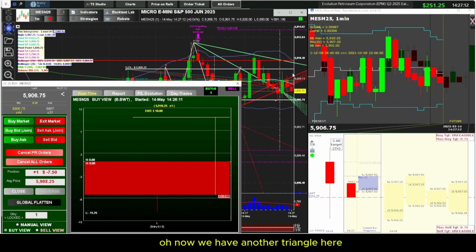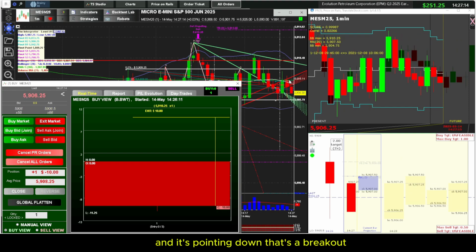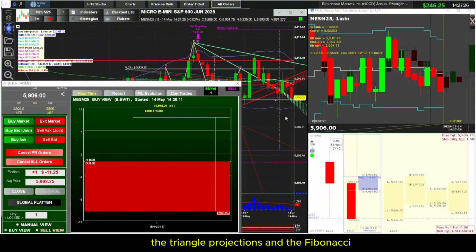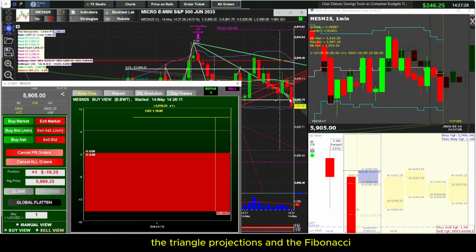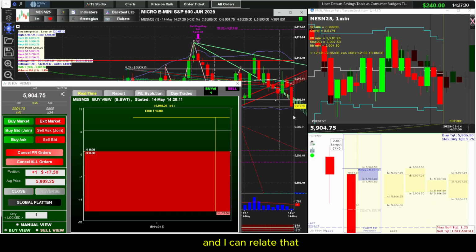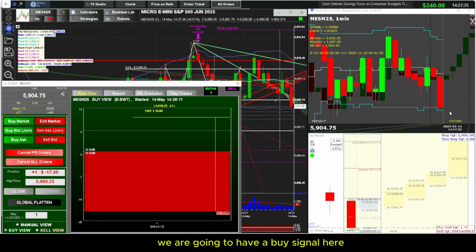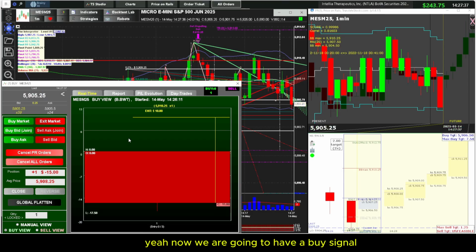Ooh, now we have another triangle here and it's pointing down. That's a breakout. Definitely a breakout. And we have this intersection between the triangle projections and the Fibonacci. I can relate that we are going to have a buy signal here. Yeah, now we are going to have a buy signal.